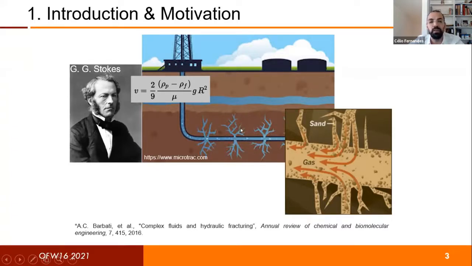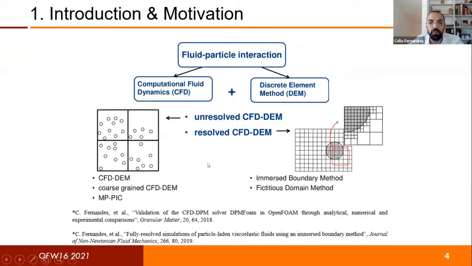But the purpose here is to simulate an industrial case study where millions of particles are injected in the conduit. So we want to change our perspective from the resolved CFD-DEM method to the unresolved CFD-DEM method. Here, in this last one, the particle's diameter will be lower than the grid cell size.